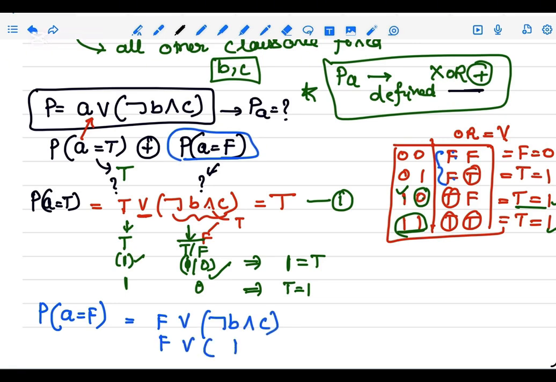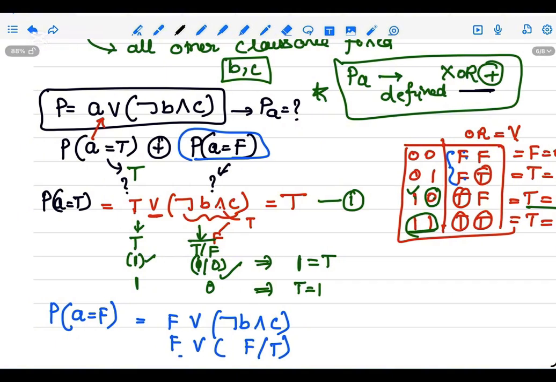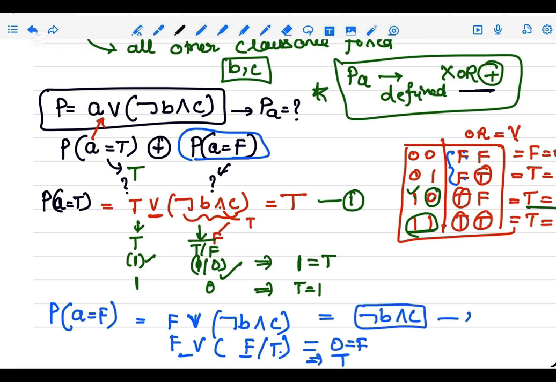False or false: if both are false, the result is 0. False only. If it is false and true, the result is true, right? The result is true, not of B and C only. This is the result too.